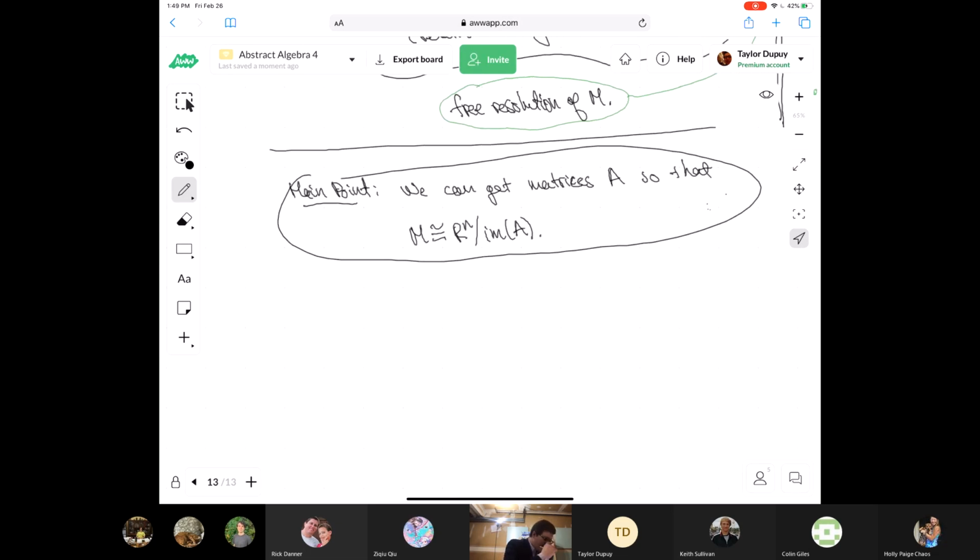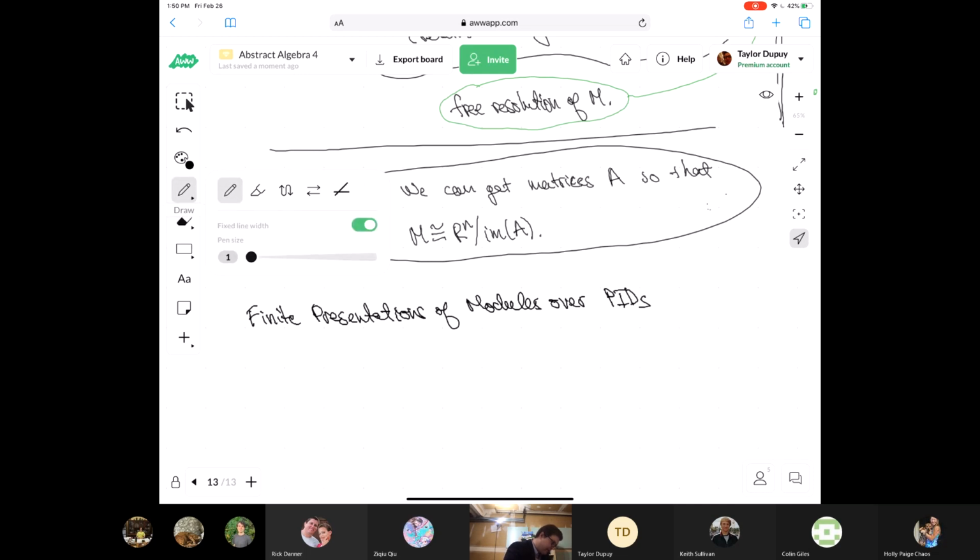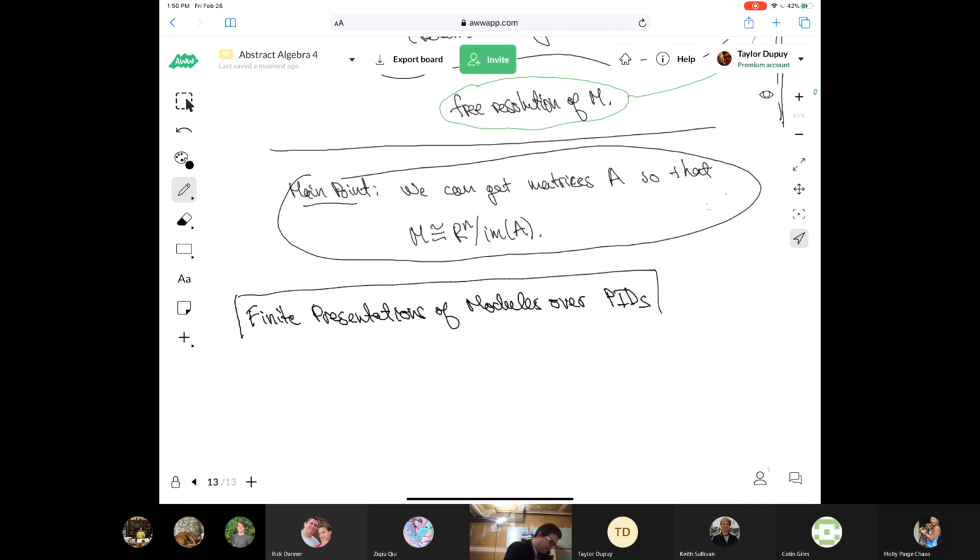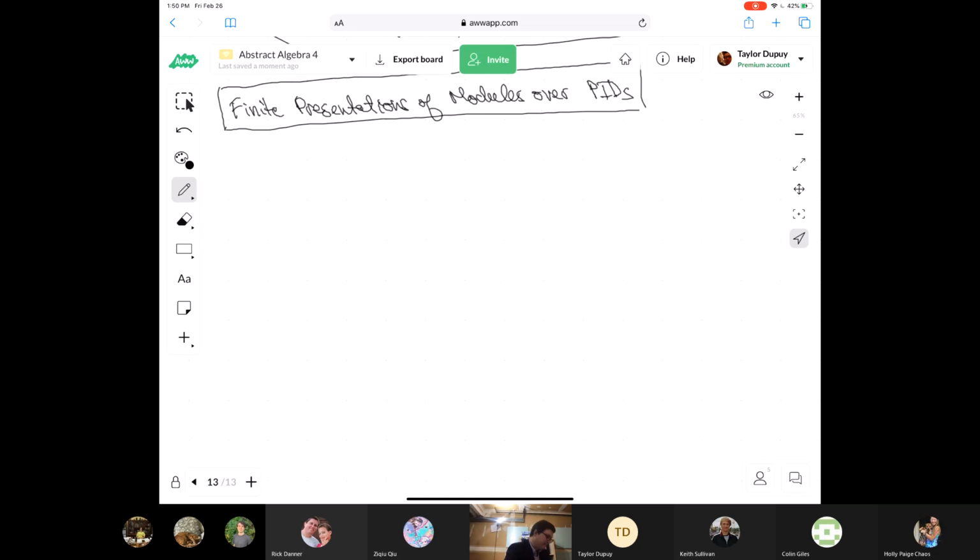Okay. So for finite presentations of modules over PIDs, there's something special. PIDs are special, right? They're kind of extra Noetherian, more than Noetherian. It's a much stronger condition than Noetherian.